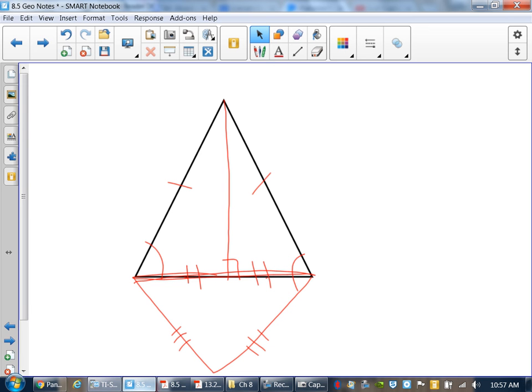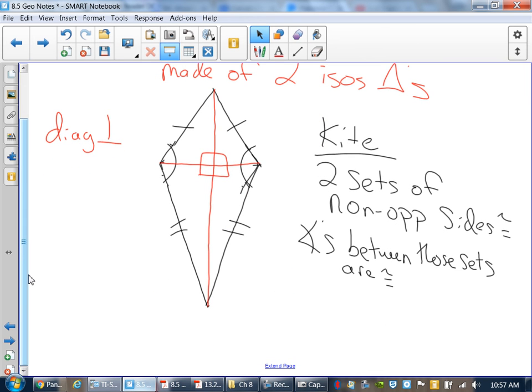The other one not, but that one is. So the segment between the diagonal connecting the congruent angles is bisected.